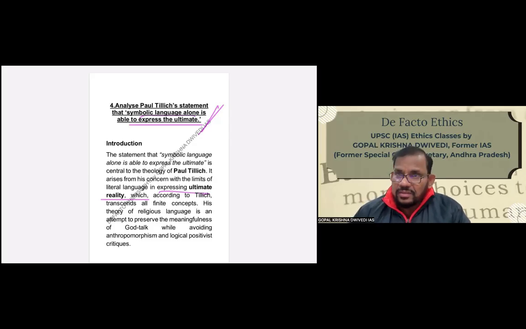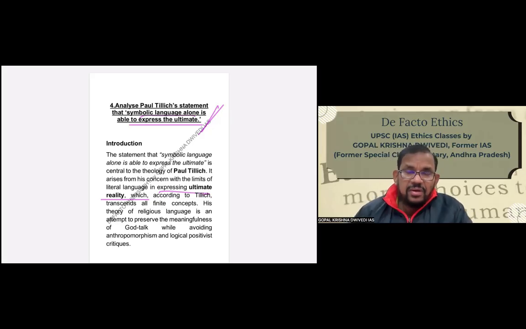It cannot, because as you know in Kant also, phenomena and noumena: phenomena you can know, but noumena you cannot know. So he says that there are limits of religious language, because reality transcends all finite concepts.